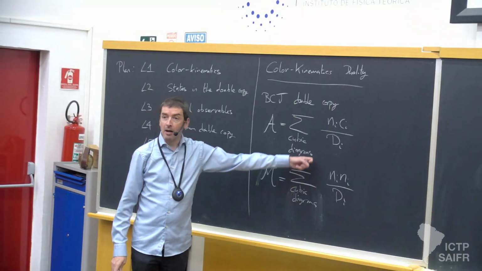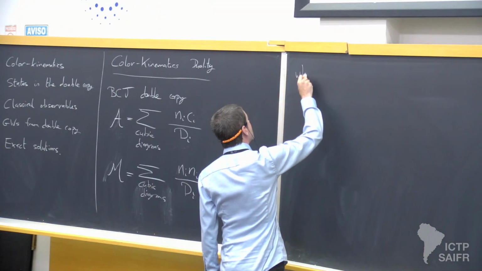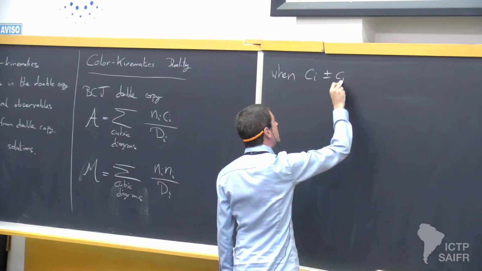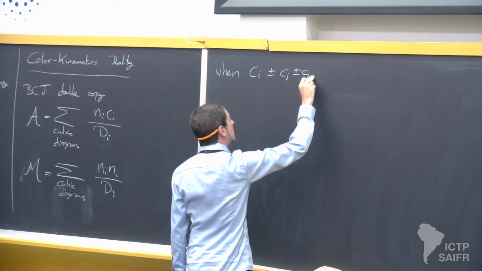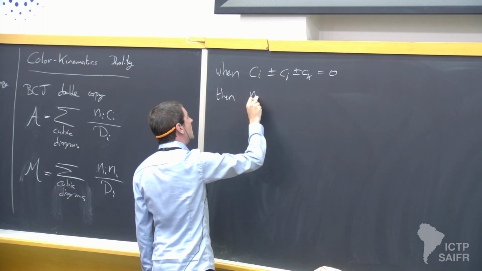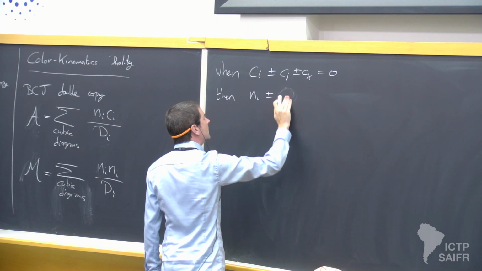Now, this is the double copy. It holds provided that anytime the color factors satisfy some Jacobi relation, C_i plus or minus C_j equals 0, then the numerators satisfy the same relation.